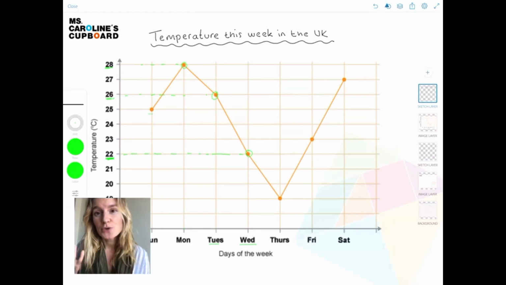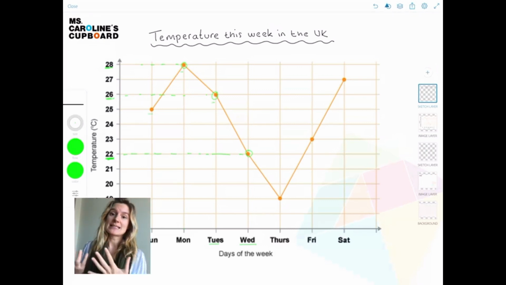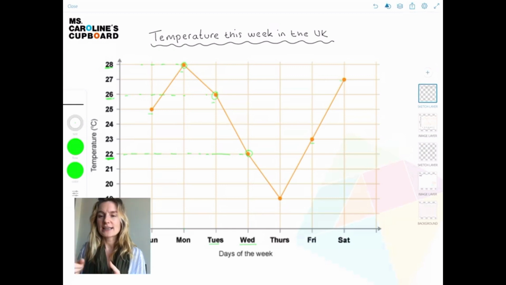And that's how we use a graph to help us answer questions. We have to think carefully about what the question is asking us, find the right information on the axis, follow it up very carefully and make sure that our numbers are correct. Sometimes the answer might fall between two numbers and we have to think very carefully about what that number might be.